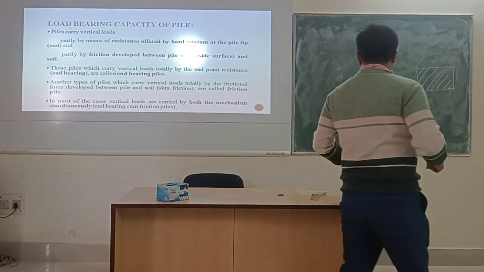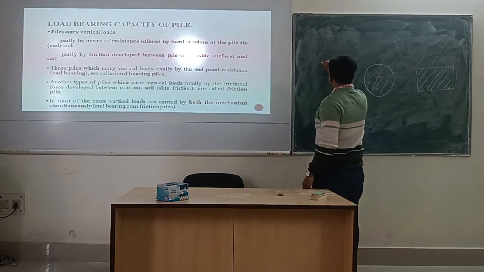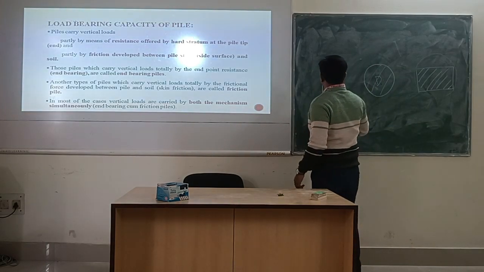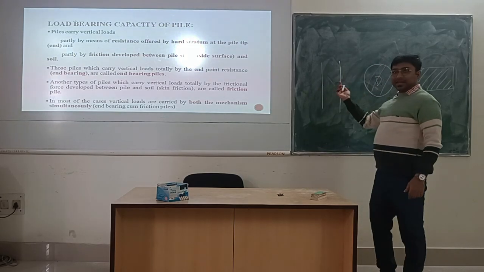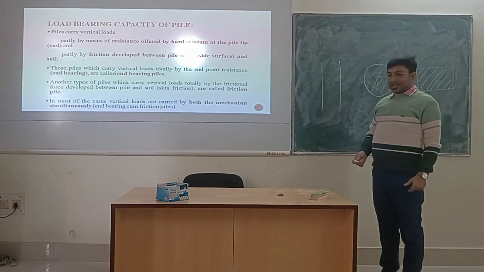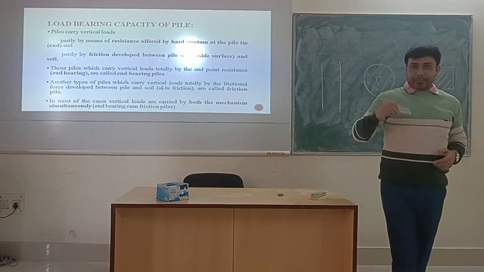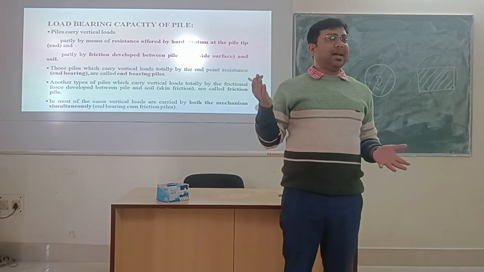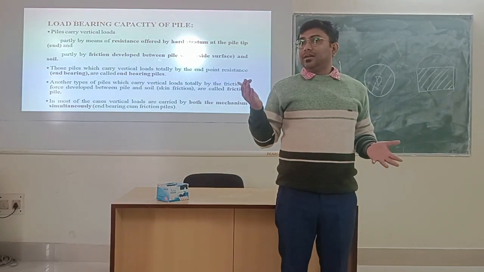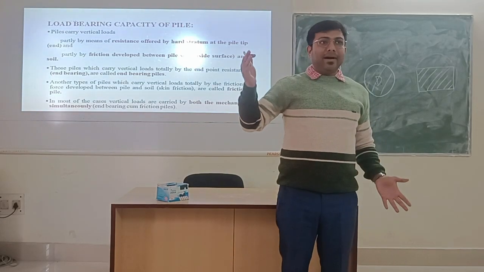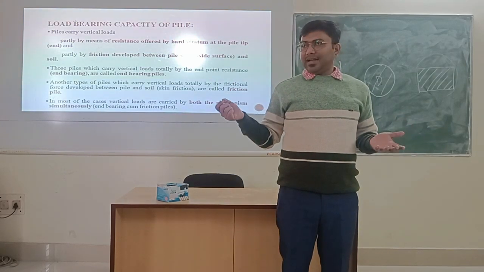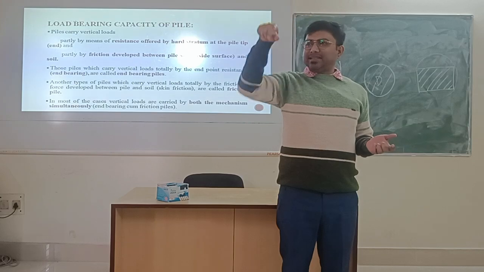Then what is the friction mechanism? That is coming from the surface area of the shaft. In previous classes I have told you a pile is nothing but a slender member, maybe 10 feet, 20 feet, 30 feet in length, generally circular.